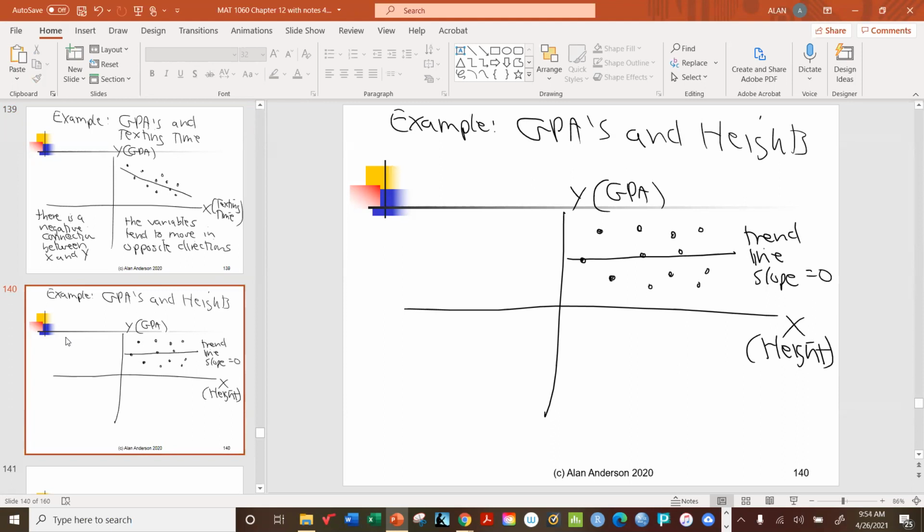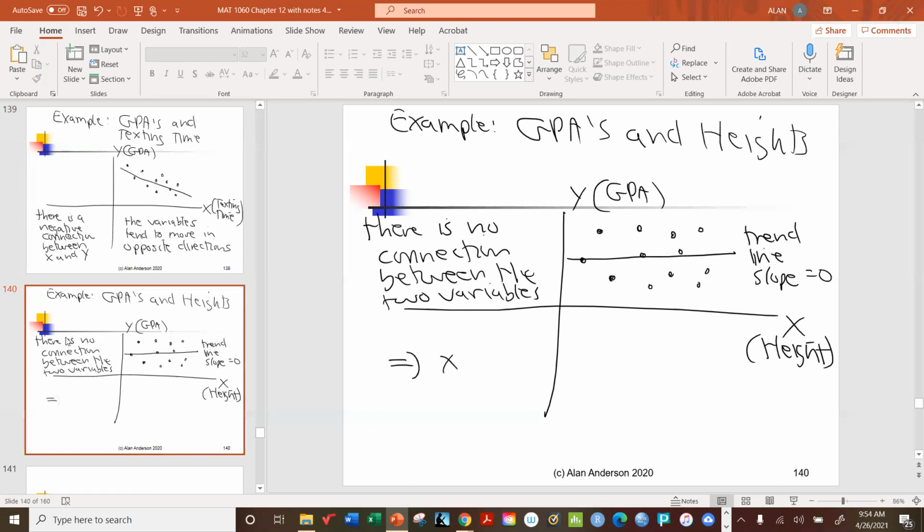So this means that there is no connection between the two variables and we say that X and Y are independent of each other.